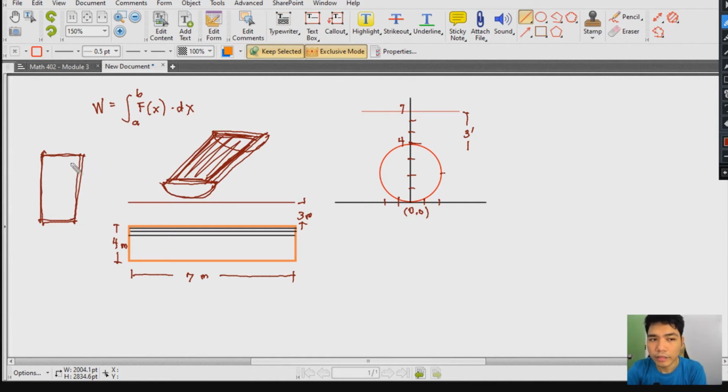So therefore, if we want to find the area of this rectangle, or the volume, we could just say that the volume is simply, if this is your width and this is your length, LW multiplied by whatever thickness we have here. So if we're considering the thickness here and that's oriented horizontally, so therefore this is simply the dy. But then again, your L and W would mean that this L is actually this portion. So this L can be related to a variable here in the Cartesian coordinate system, which is actually the x, but this, I mean the w.